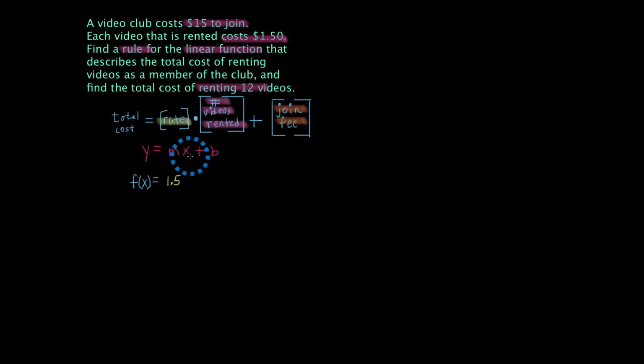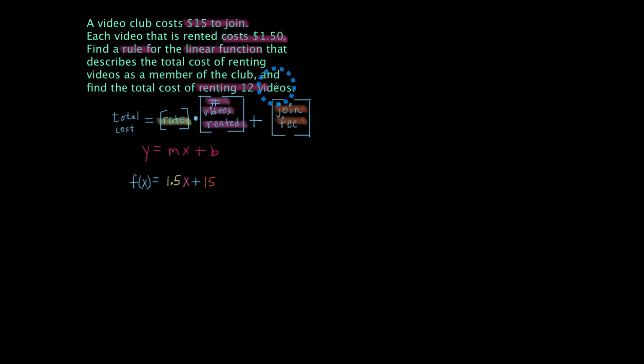So 1.5 times x, and x represents the number of videos rented, plus the joining fee. And that membership fee is $15, so plus 15. Okay, so here's the rule for your linear function.